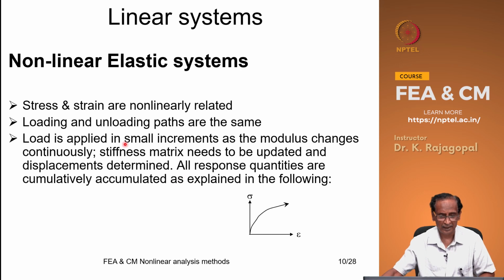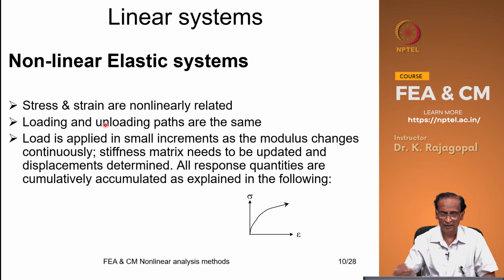So, nonlinear elastic systems, the stress and strain are nonlinearly related to each other, but then the loading and unloading paths are the same. Okay, and now we should be careful, because we cannot apply the load as we wish.